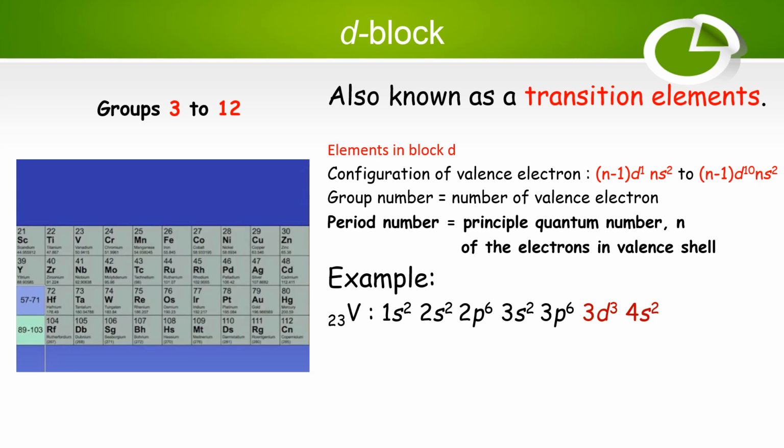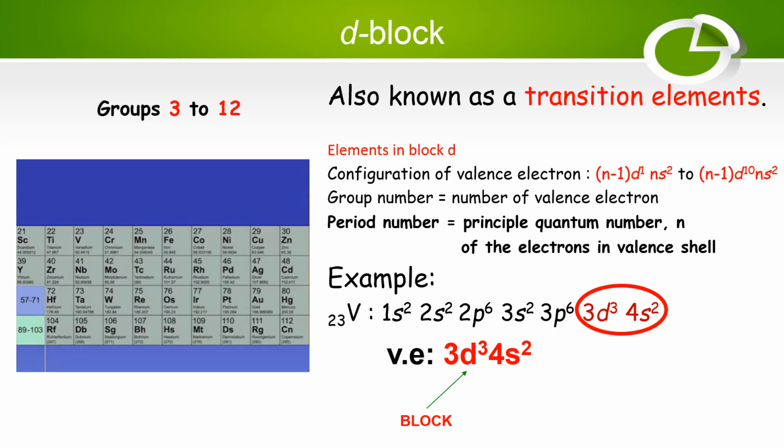For example, vanadium with a proton number of 23. The electronic configuration is 1s2, 2s2, 2p6, 3s2, 3p6, 3d3, 4s2. Therefore, the valence electrons are 3d3, 4s2.